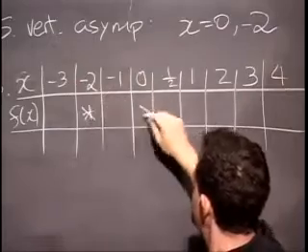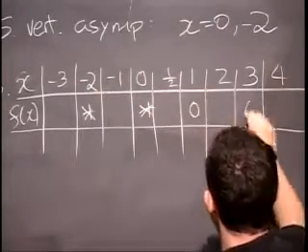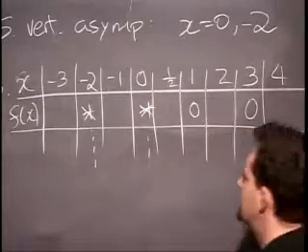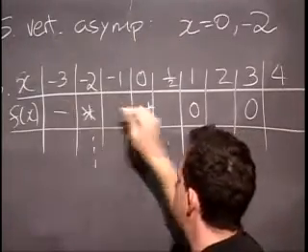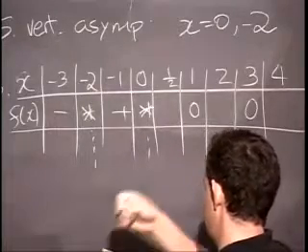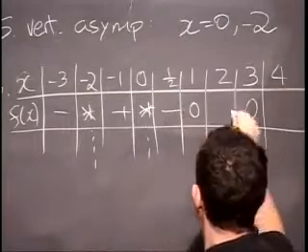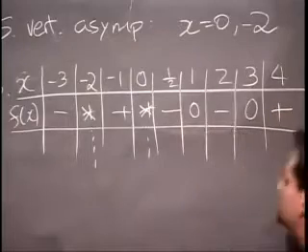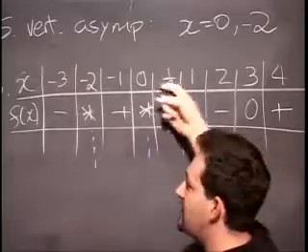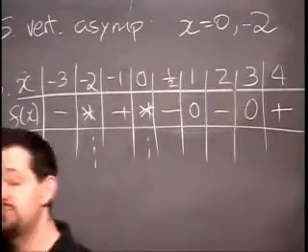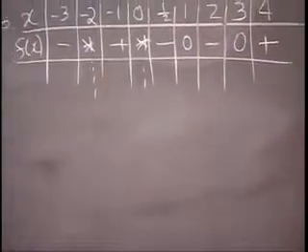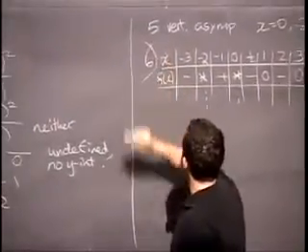Here f was undefined. There it was 0. So we have vertical asymptotes there and x-intercepts there. I'm going to cheat and look at what it was because I can't actually remember. Negative, negative, and positive. Okay, so all I had to do there was to substitute these values into the original expression for f. This is not 6x, this is step 6.